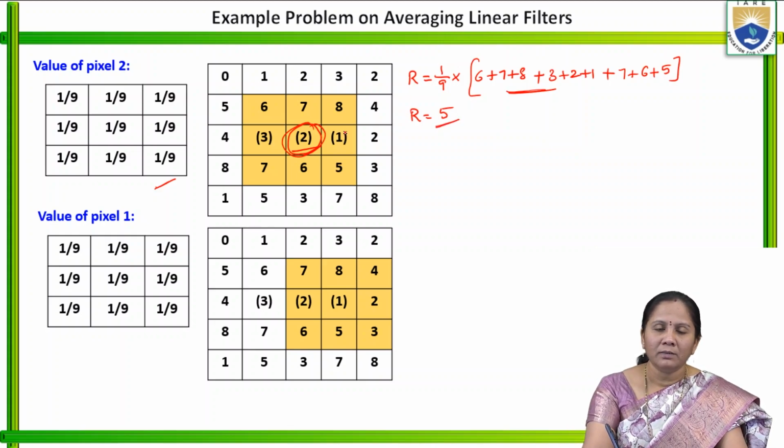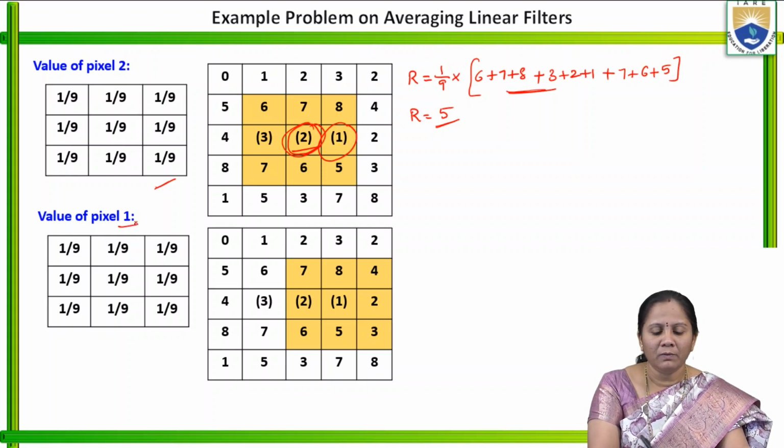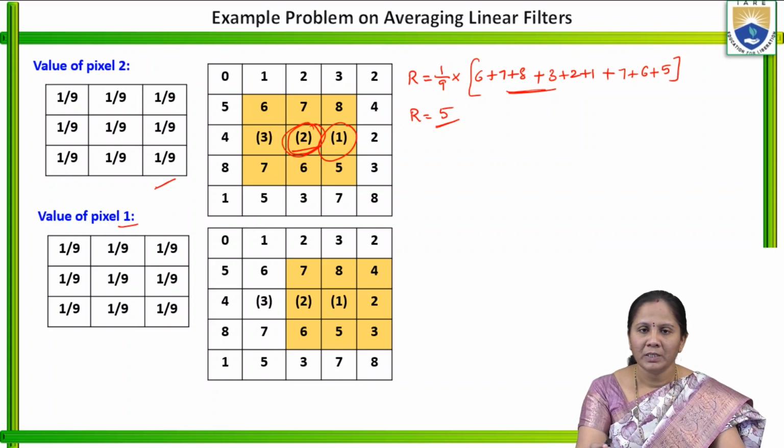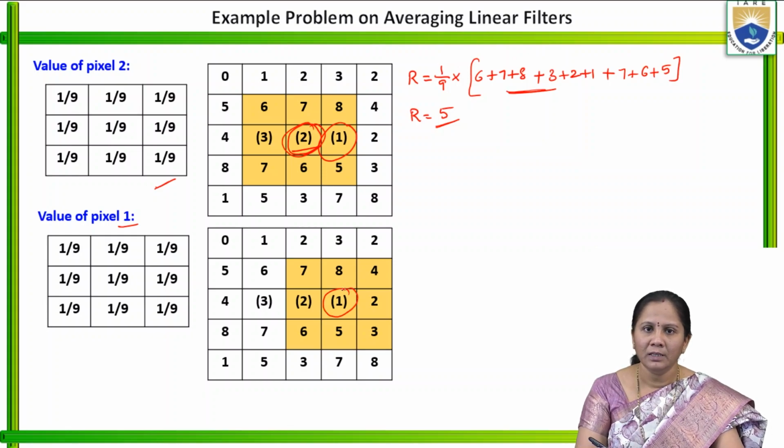The next pixel value we have to find is for 1. In order to find the new pixel value for 1, we have to shift this mask such that this 1 becomes the center pixel. If you shift this mask like this, then this 1 becomes the center pixel.